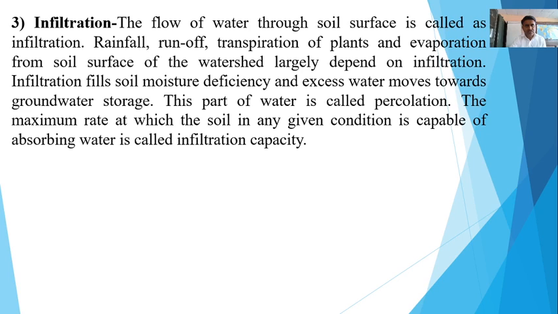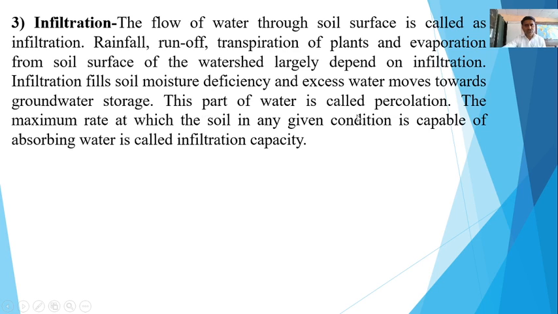Infiltration. The flow of water through the soil surface is called infiltration. Rainfall, runoff, transpiration of plants and evaporation from the soil surface of the watershed largely depend on infiltration. Infiltration fills soil moisture deficiency and excess water moves towards the groundwater storage. Infiltration is nothing but the flow of water through the soil surface.